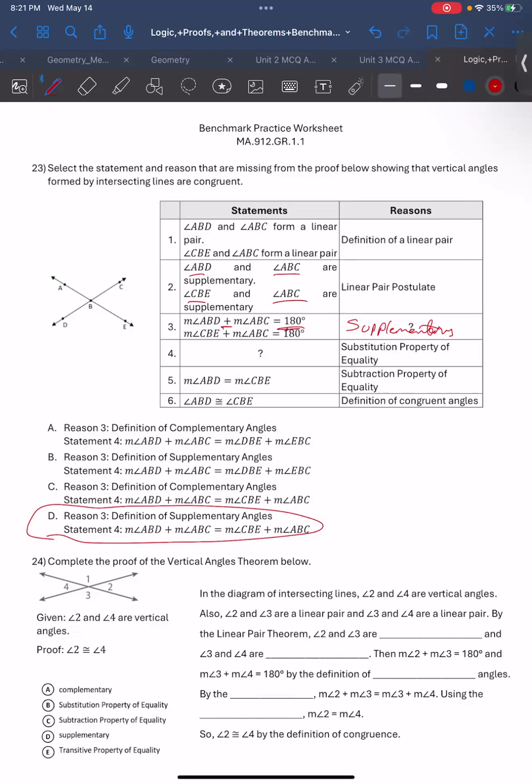Take a guess at a letter. Lots of A's. Think about it.